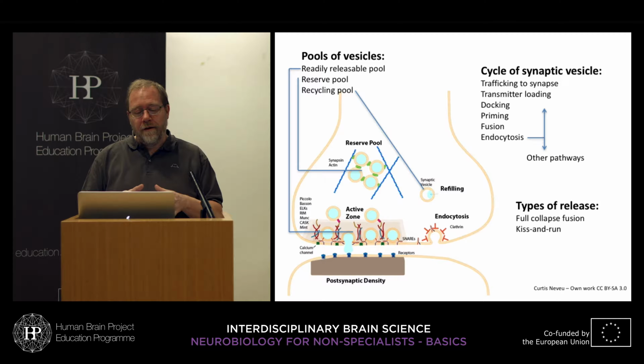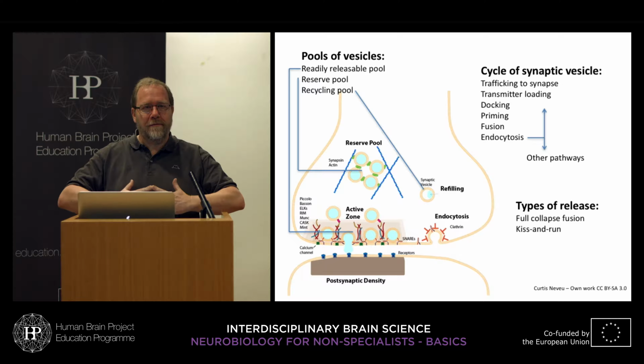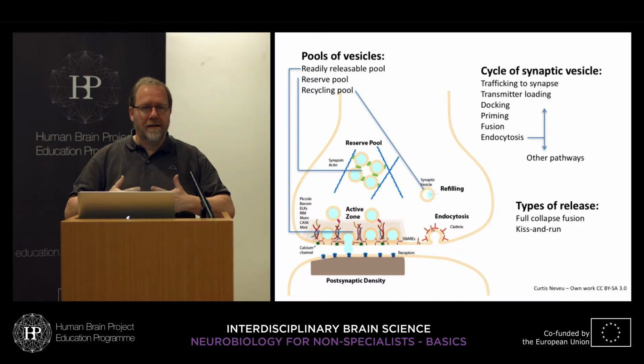For the release of neurotransmitters, we basically have two types of release. One is the full collapse fusion. Basically, the vesicle fully integrates into the cell membrane, and you cannot see the difference between the membrane and the vesicle anymore, so it's fully integrated.